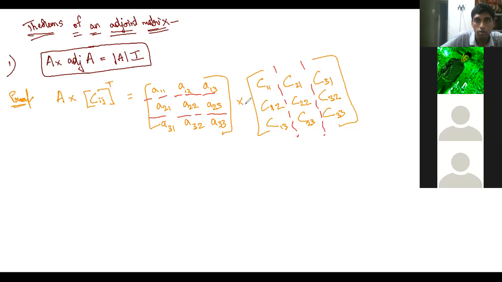Okay. Now multiply this. That is what we have to do. We have to multiply both of these. What are we getting on multiplying? What is the first term? A11 C11 plus A12 C12 plus A13 C13. Does it have some nickname?